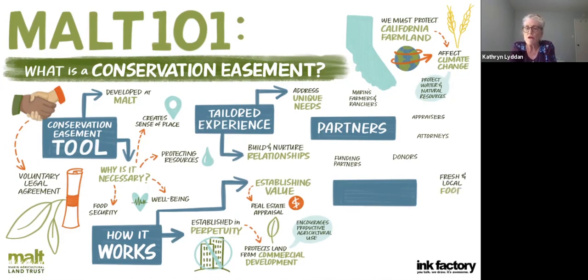That kind of large landscape level protection allows us to really focus on protecting wildlife corridors and reaping the climate change benefits of landscape level protection. I'll also note that protecting our agricultural land also protects local jobs and stimulates our local agricultural economy.